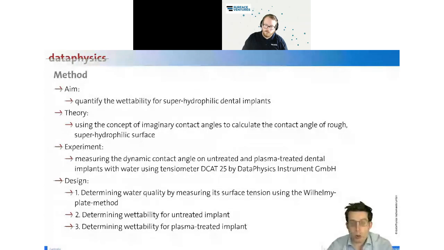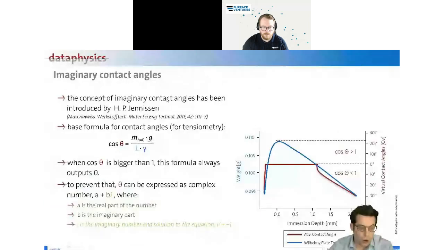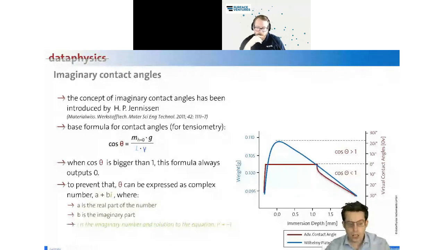So now we start with the experimental part. But at the very first, we have to make sure that our water is clean, because all of this equation and our results are only correct if the surface tension of my testing liquid is as it is in the literature. The software is working with a value of around 72 for pure water.